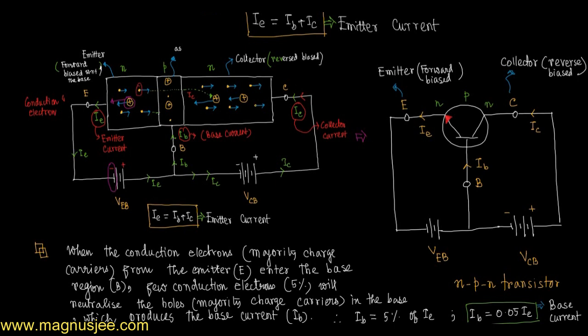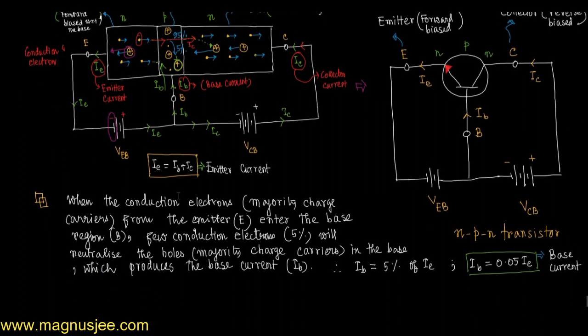Conduction electrons, the majority charge carriers of the N-type emitter, will migrate into the collector through the base, and 95% will migrate into the collector, and the remaining 5% will neutralize the holes of the P-type base, producing base current IB.